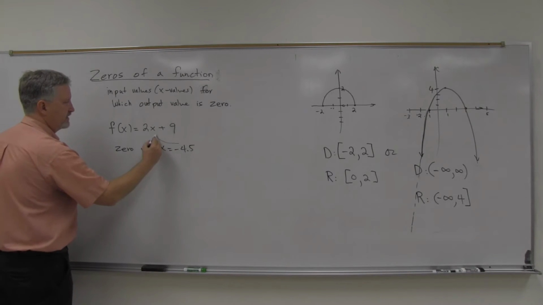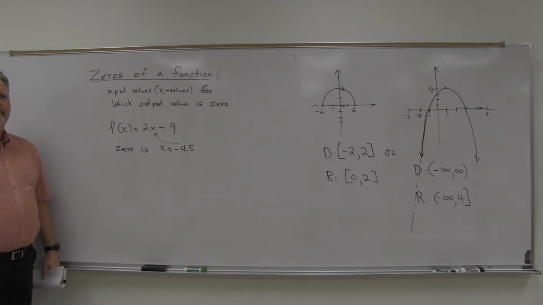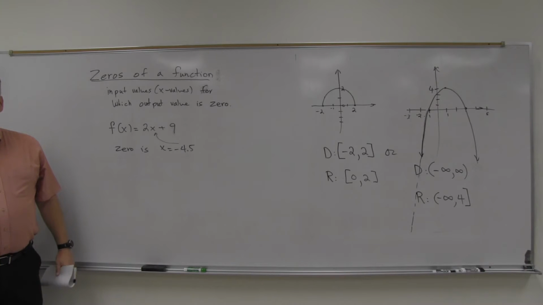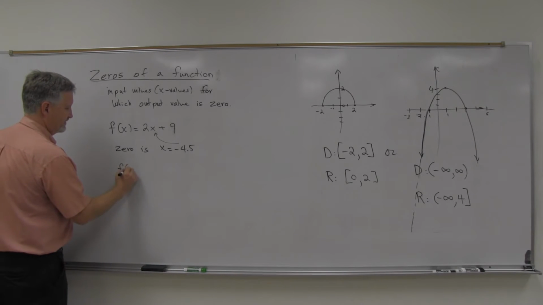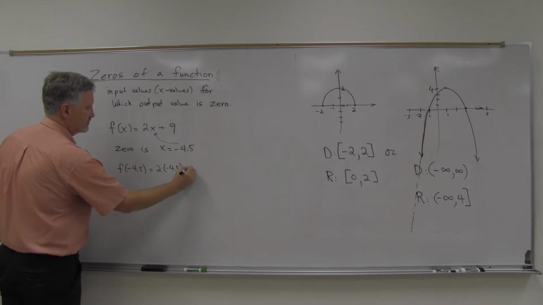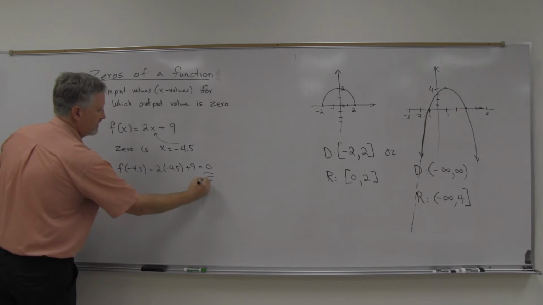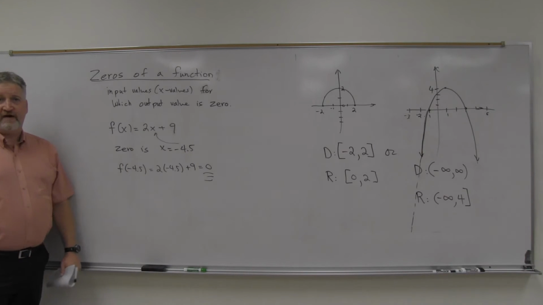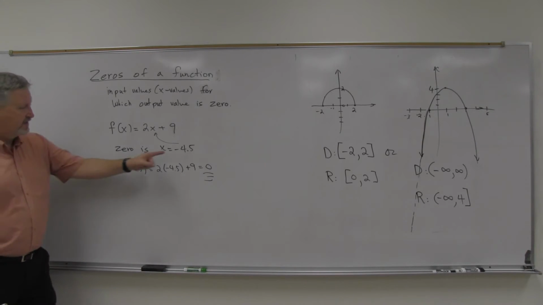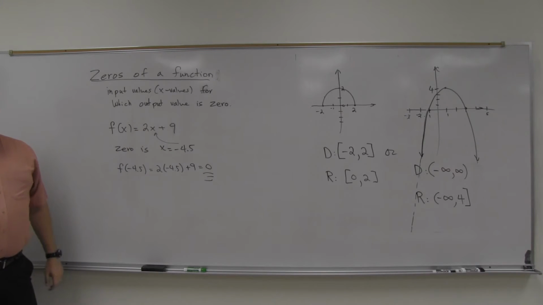What do you get if you plug in x is negative 4.5? 2 times negative 4.5 is negative 9, plus 9. You get 0. So that's what makes negative 4.5 a zero of this function, because it makes the function value 0. That's what a zero is. It's the value that makes the output value 0.